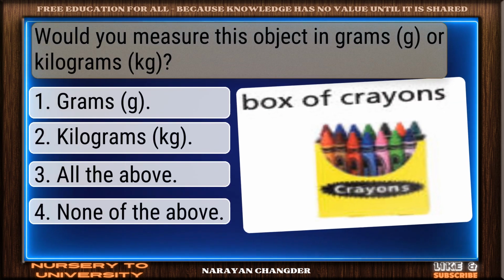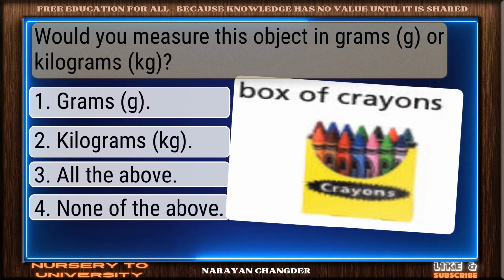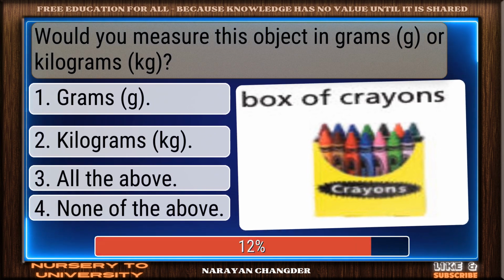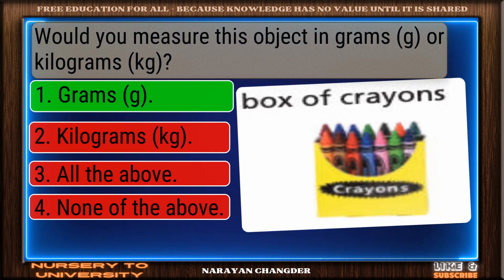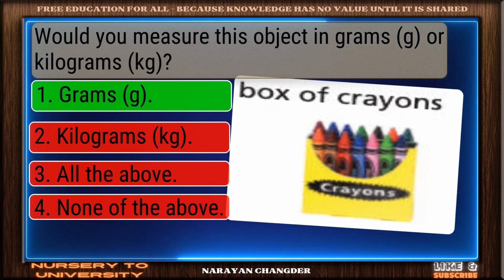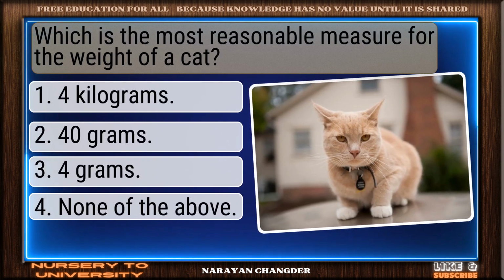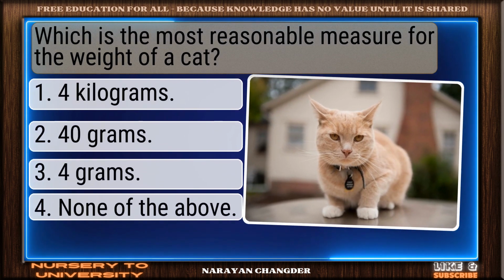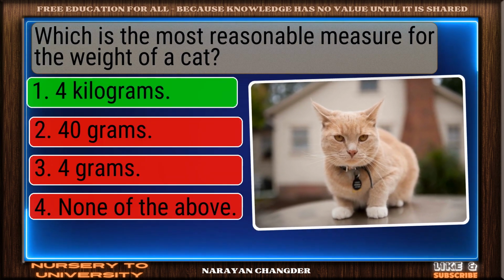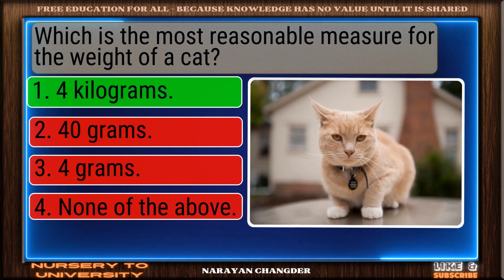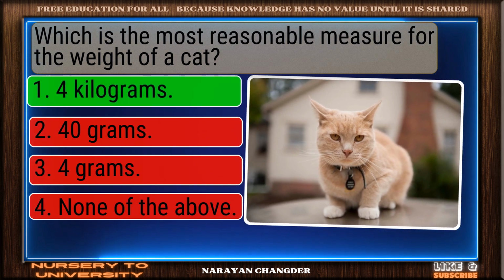Would you measure this object in grams or kilograms? Well reasoned. Grams is the correct choice. Which is the most reasonable measure for the weight of a cat? Correct response. 4 kilograms is the most accurate answer.